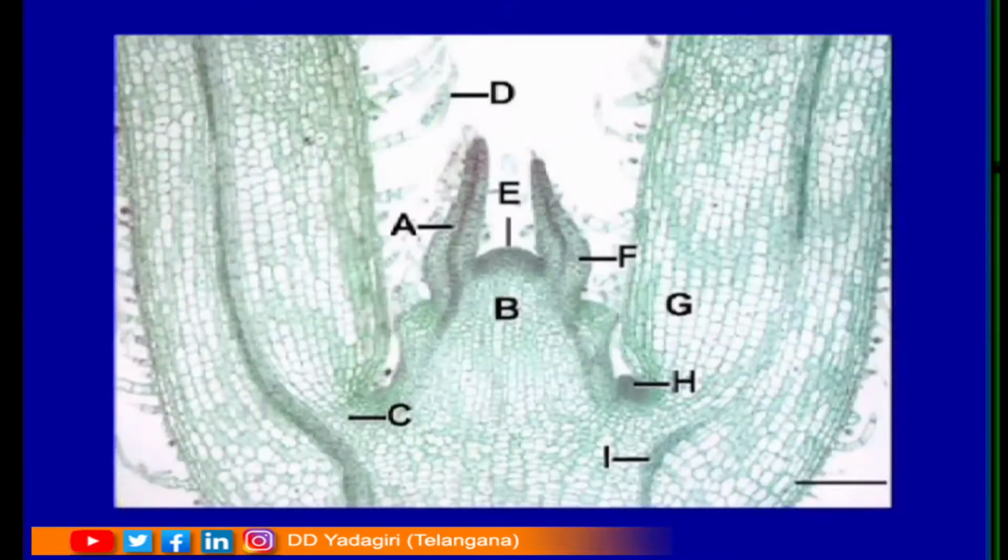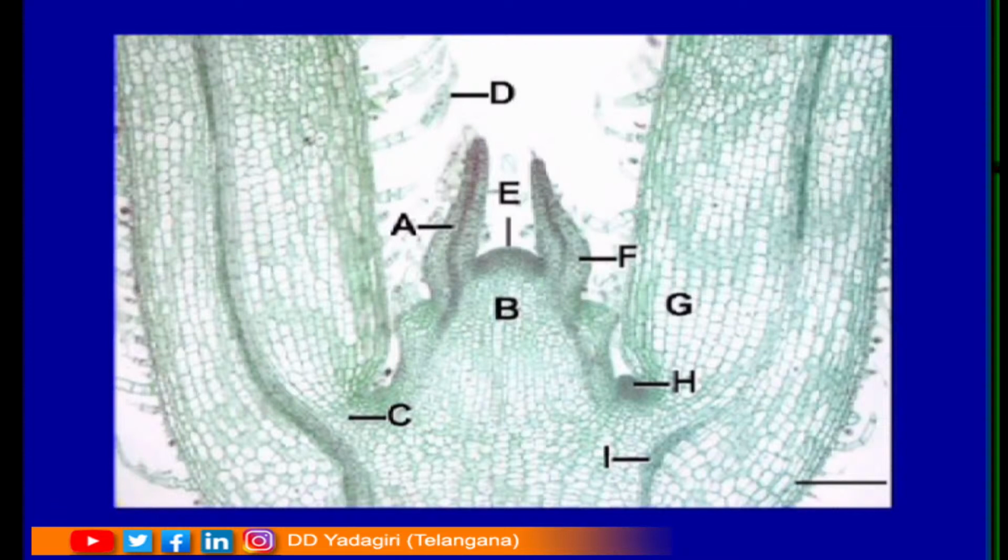Now, meristematic tissue. Here you see, children, this is the tip of the root. You can see a large number of cells here. They are thin as well as very small. These cells are continuously dividing to form more cells. Thereby, the size of the shoot increases.